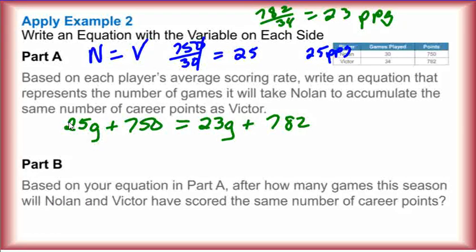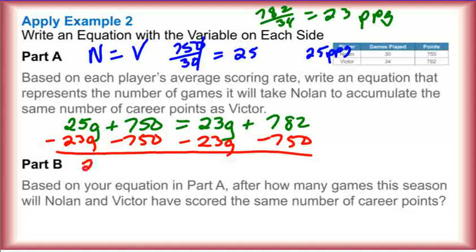Now we can use that to solve for how many games this season will Nolan and Victor have scored the same number of career points. So to do this, I'm going to get my G's to one side. I'm going to subtract 23G. And if I'm bringing the G's to the left, I don't want the 750 here, so I'm going to subtract 750 on both sides.